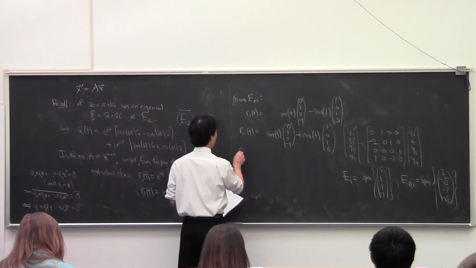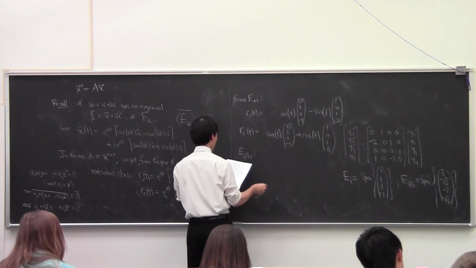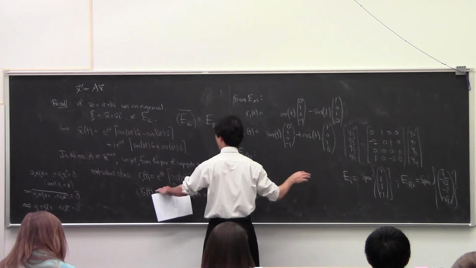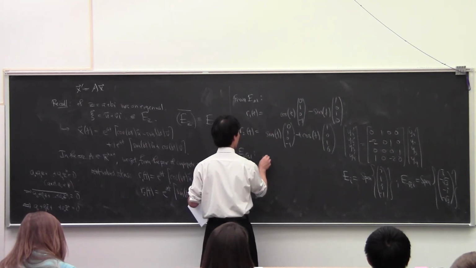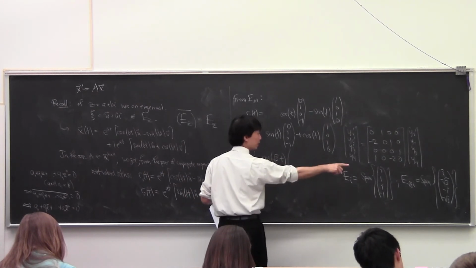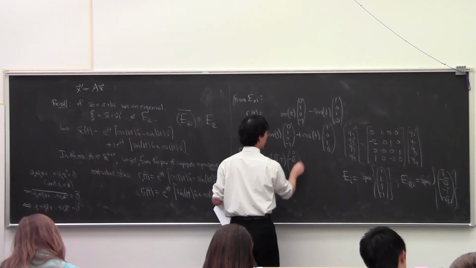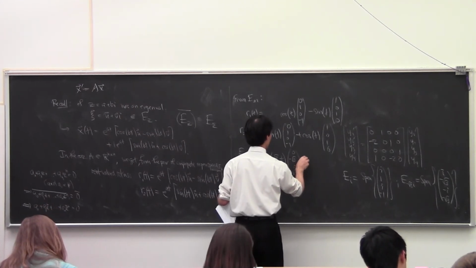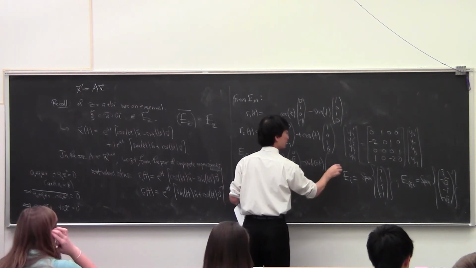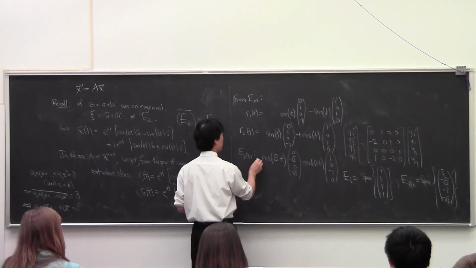And similarly, from the other pair, a again is 0. Here we're going to get cosine of root 3 t times the real part, that's (0, root 3, 0, negative root 3), minus sine of root 3 t times the imaginary part, that's (1, 0, negative 1, 0).